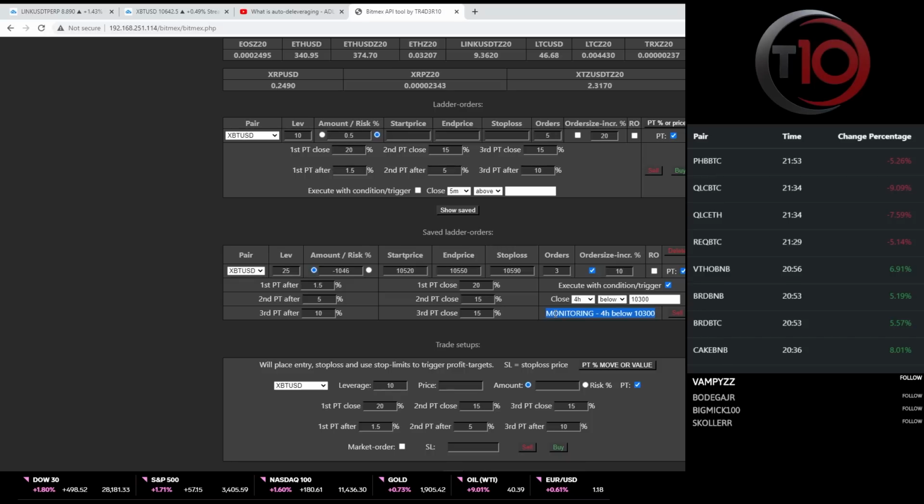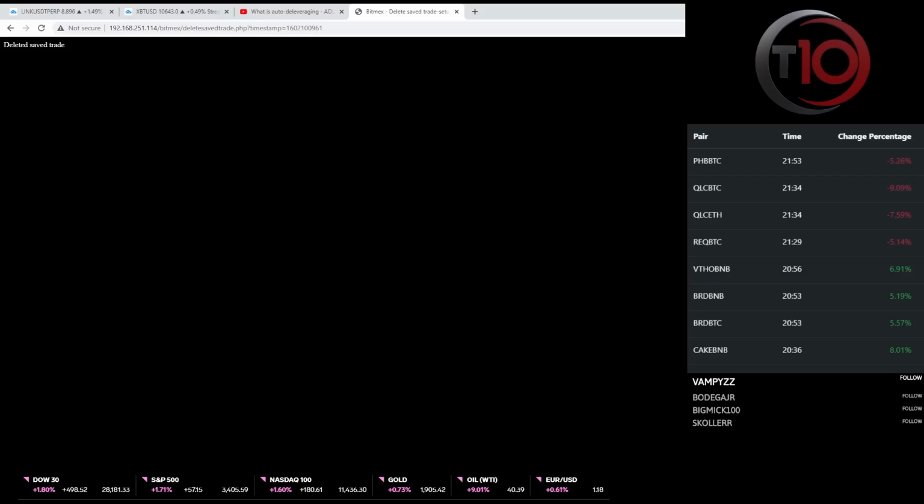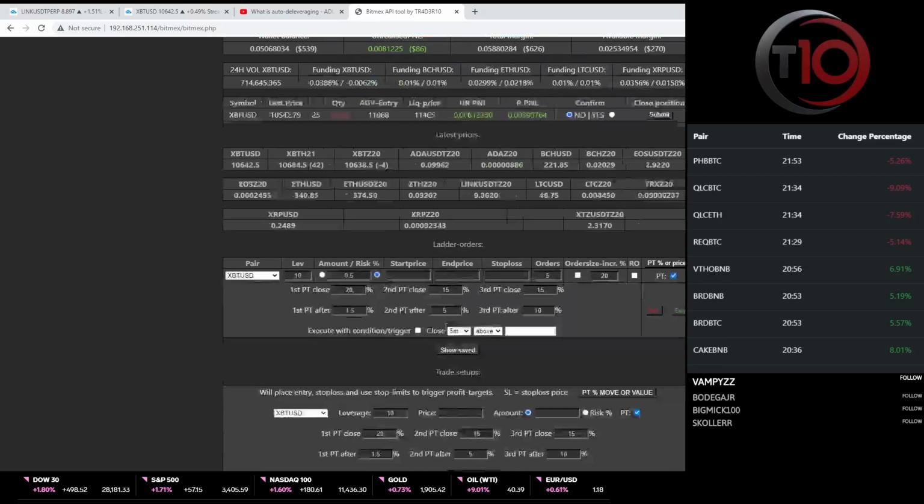So let's say I'm long from 10.5 on 50x leverage, then BitMEX will not allow me to do some orders at 9,500 because the entries will be below my liquidation price. So what I can do, let's delete this, I can trigger a conditional setup for the entry in the 95 area.